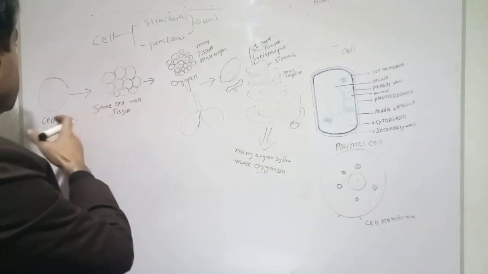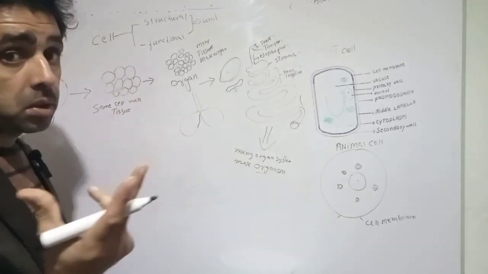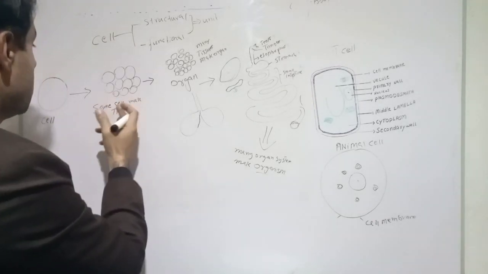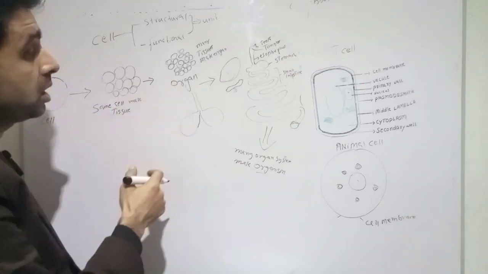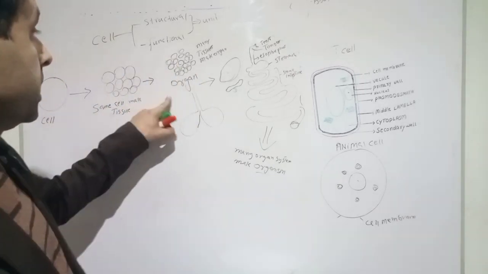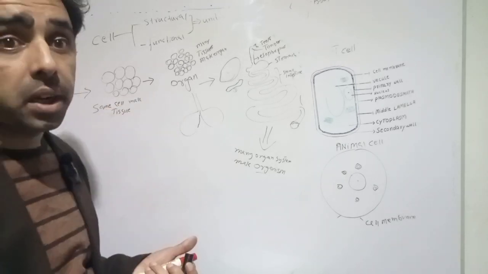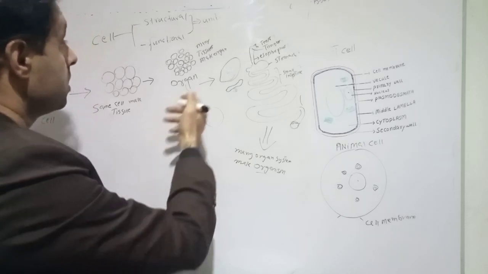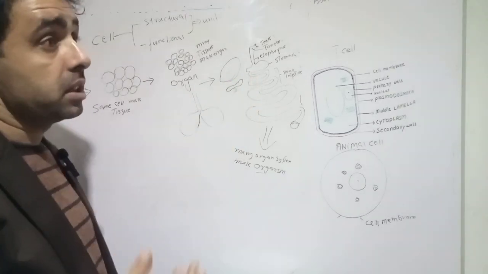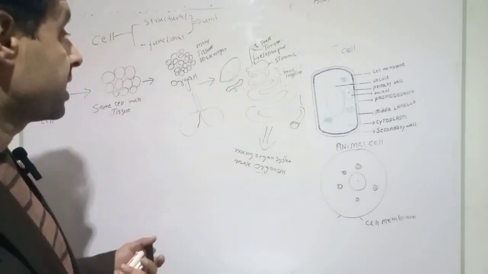Now, what is the cell doing? Cell is making tissues. The same cells make tissue, and the tissues now go to make organ. What is the organ? Organ is doing work. Organ performs different functions, like my eye. It's an organ. What's it performing?